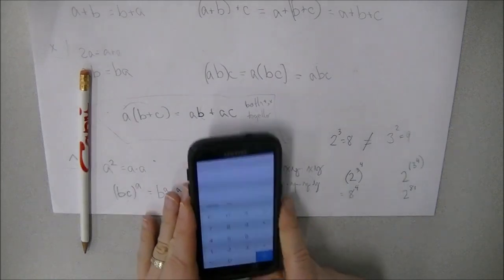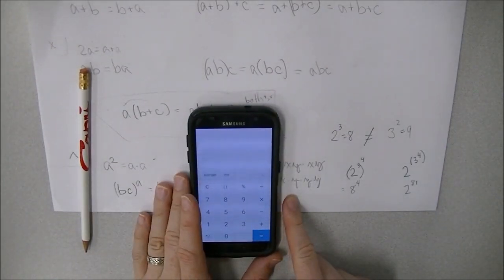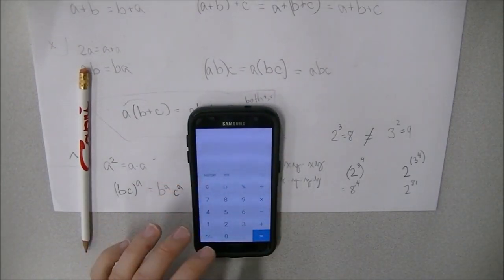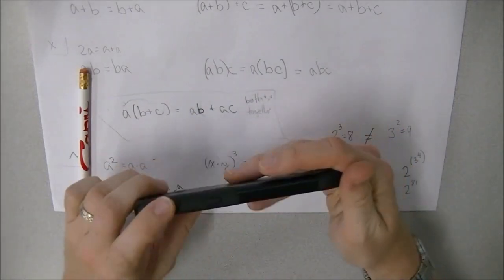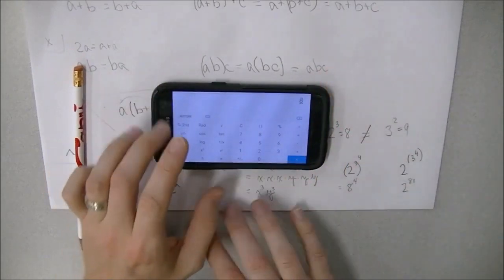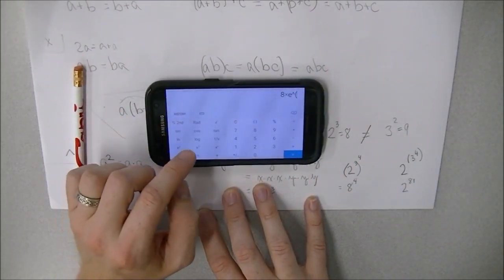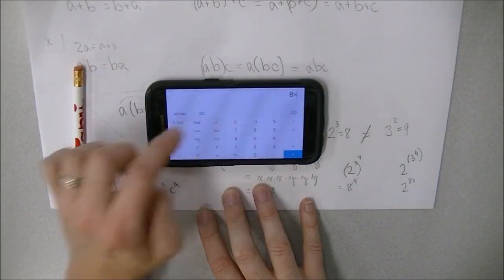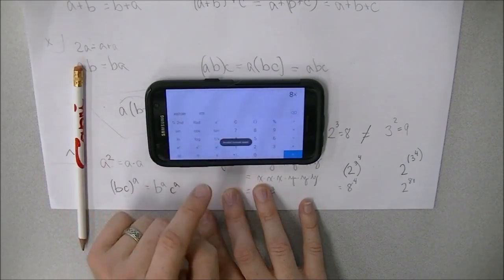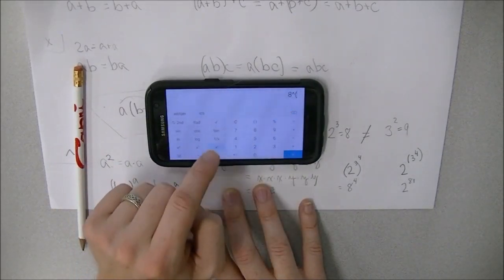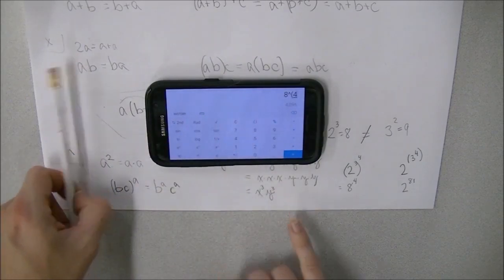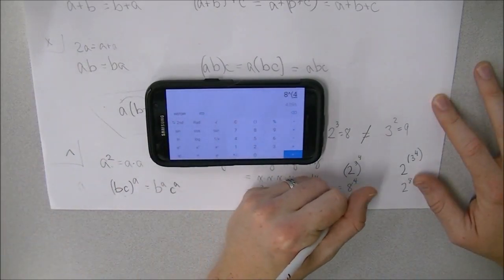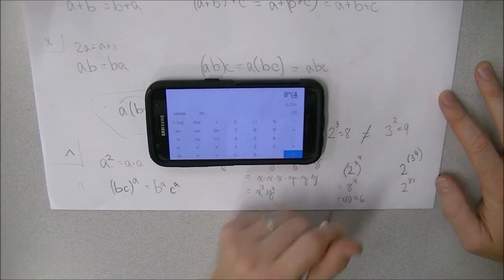Okay, don't use your phone on a test, but here's a calculator for us. 8 to the power of 4 is 4,096, okay?